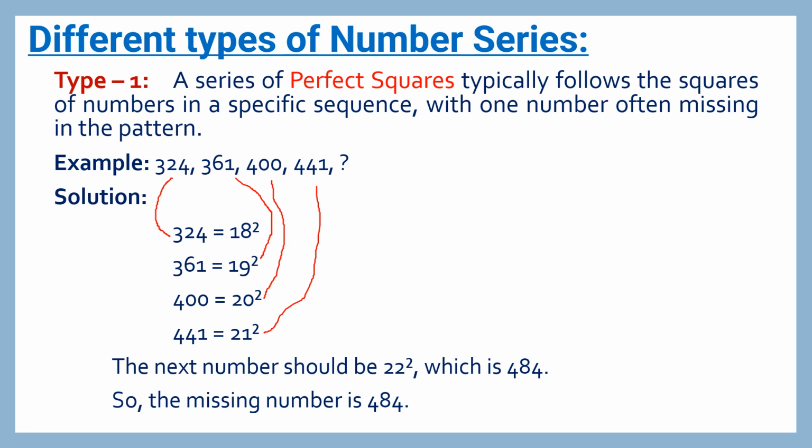So the numbers are 18 square, 19 square, 20 square and 21 square. What will be the next one? 22 square. This is the pattern of perfect squares. They will give square numbers in a pattern and ask you what is the next one.